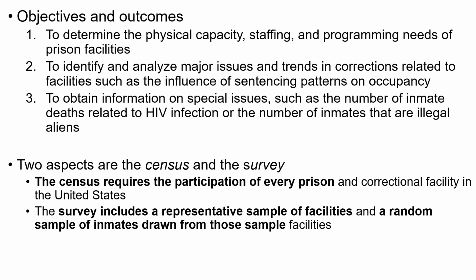Essentially, the NPS exists to determine the physical capacity, staffing, and programming needs of prison facilities, to identify and analyze major issues and trends in corrections related to facilities, such as the influence of sentencing patterns on occupancy, and to obtain information on special issues such as the number of inmate deaths related to HIV or the number of inmates that are illegal aliens.